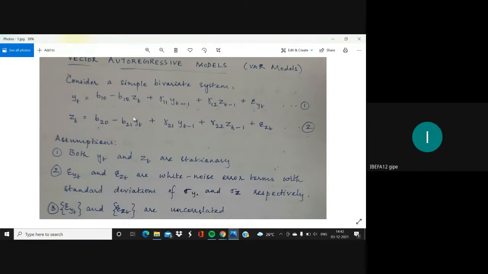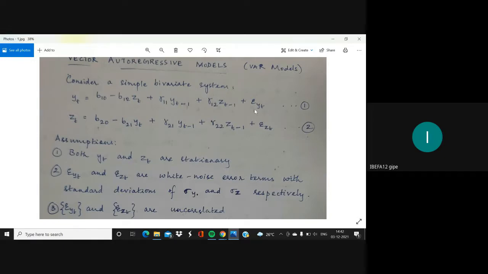Now similarly, if this coefficient, B21, is not equal to 0, then using the same logic, although epsilon yt does not appear in equation 2, it appears indirectly in the form of yt, since yt has this term in its equation.